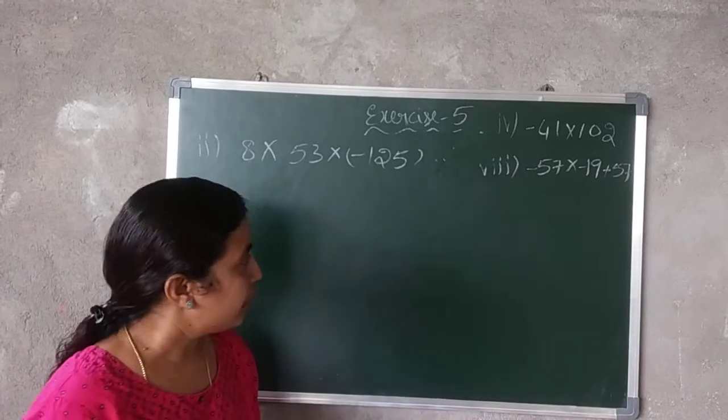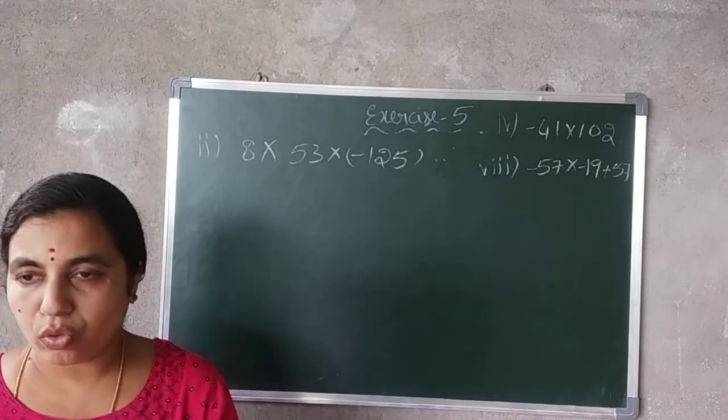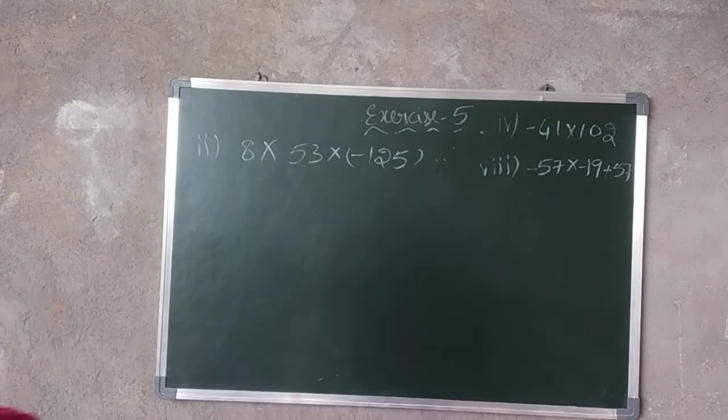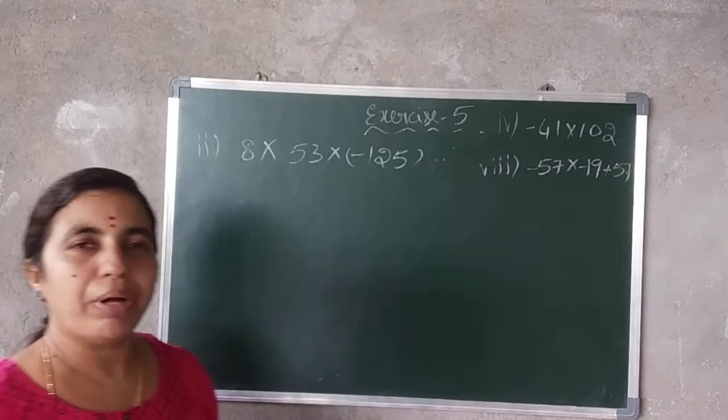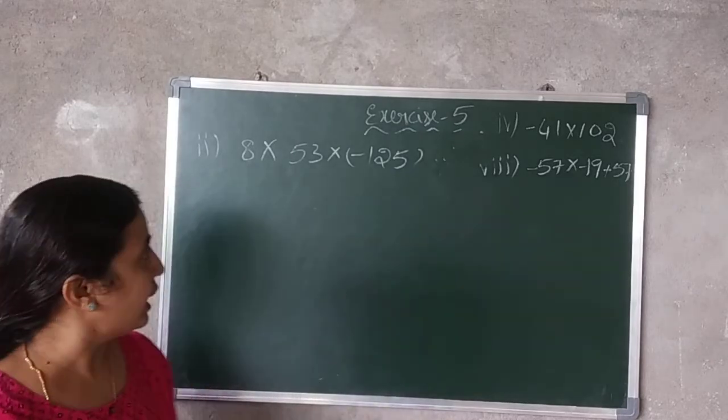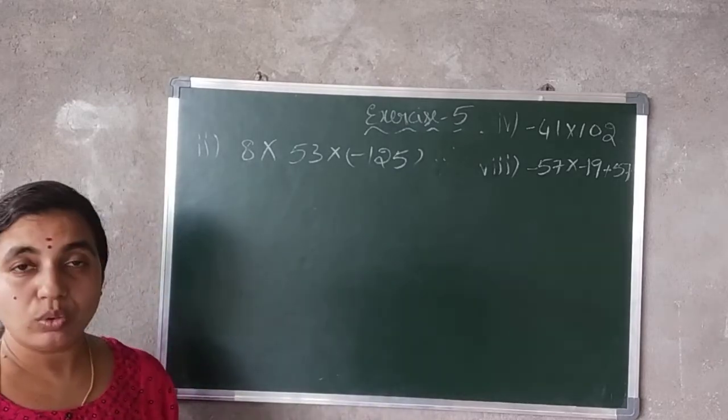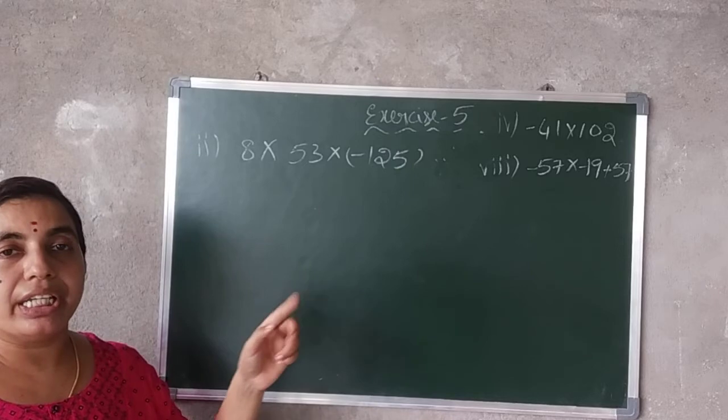Okay, these two I'll explain and the remaining are homework for you. Okay, so 8 into 53 into minus 125.